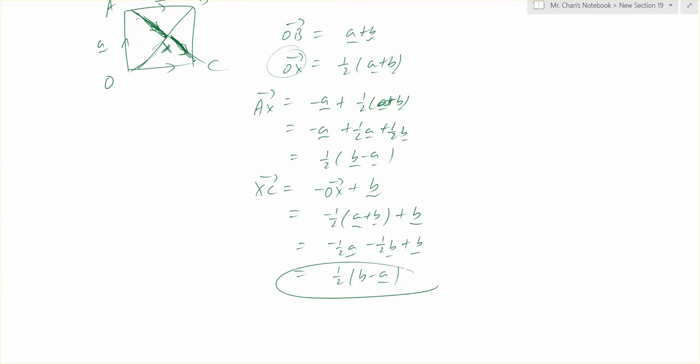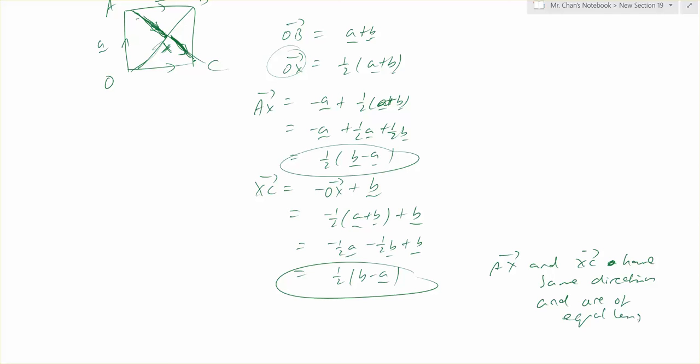So we've proven that AX and XC have the same direction and are of equal lengths.